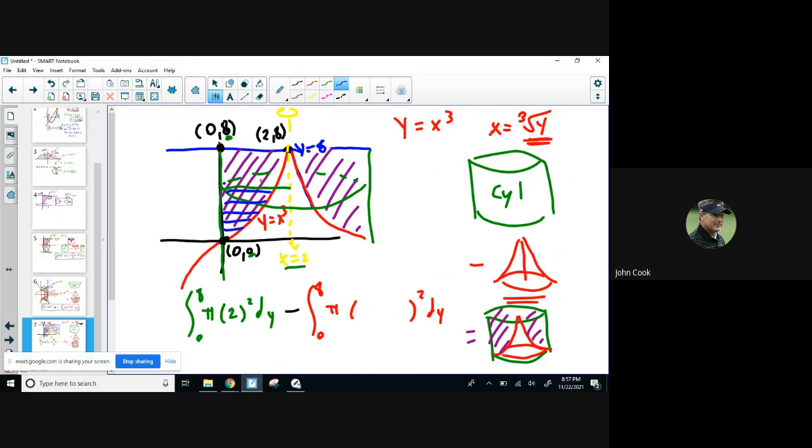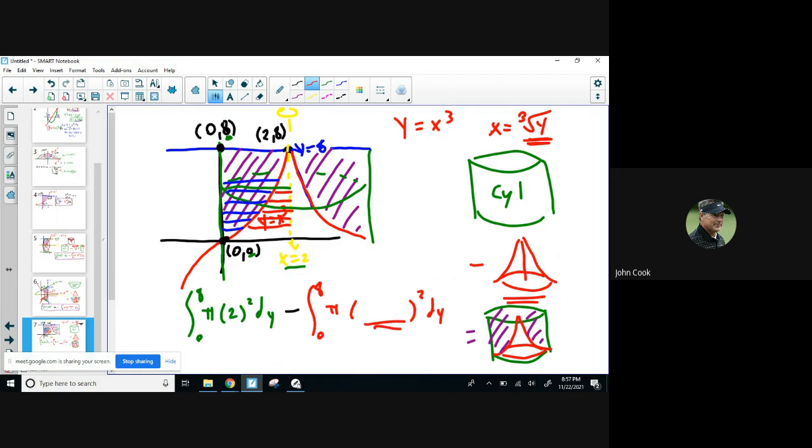But for this red shape, I actually need this radius here for the cross-section areas. So I need to work that into this radius part.